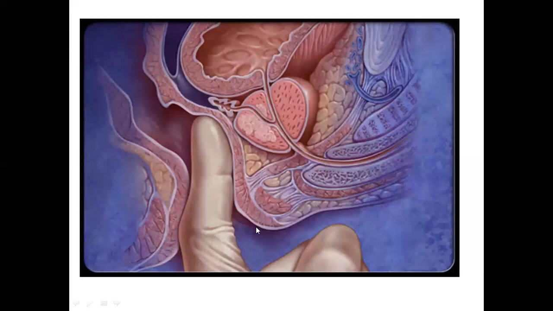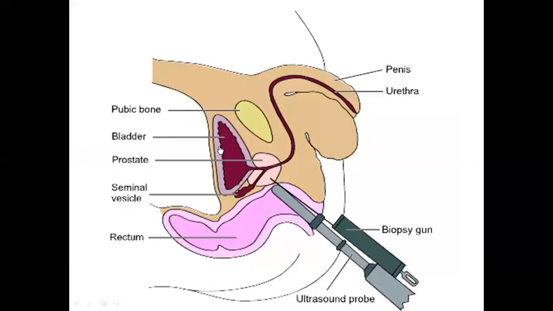I told you I will be showing you the picture of per rectal examination. You can just put a finger through the anal orifice, enter into the ampulla of the rectum and palpate the posterior aspect of the prostate gland. This is the pubic symphysis, retropubic space. This is the anterior aspect of the prostate gland, posterior aspect of the prostate gland, and we can palpate in this way.